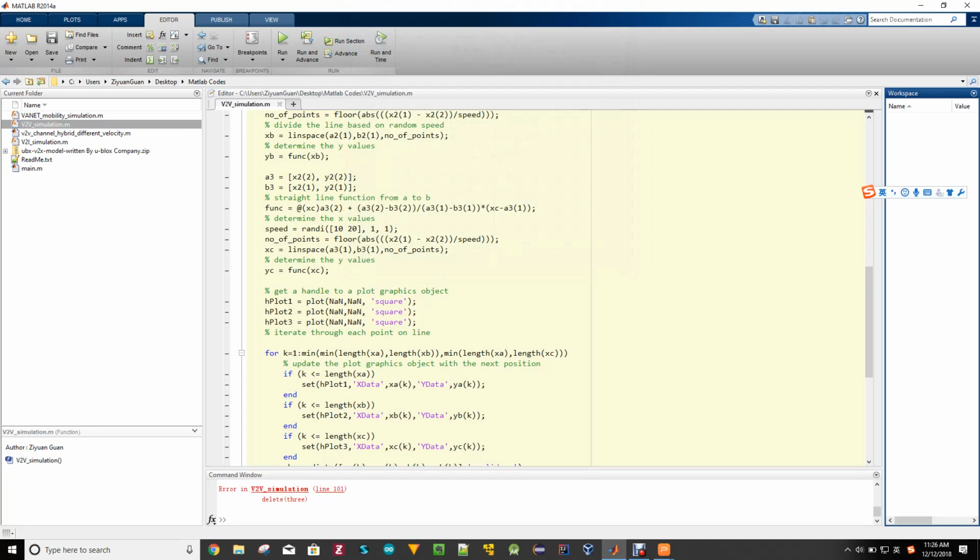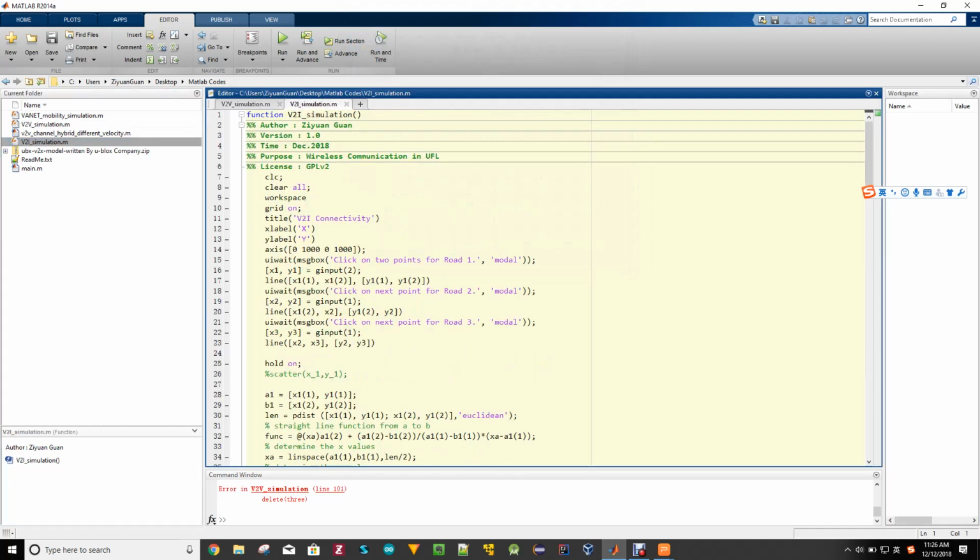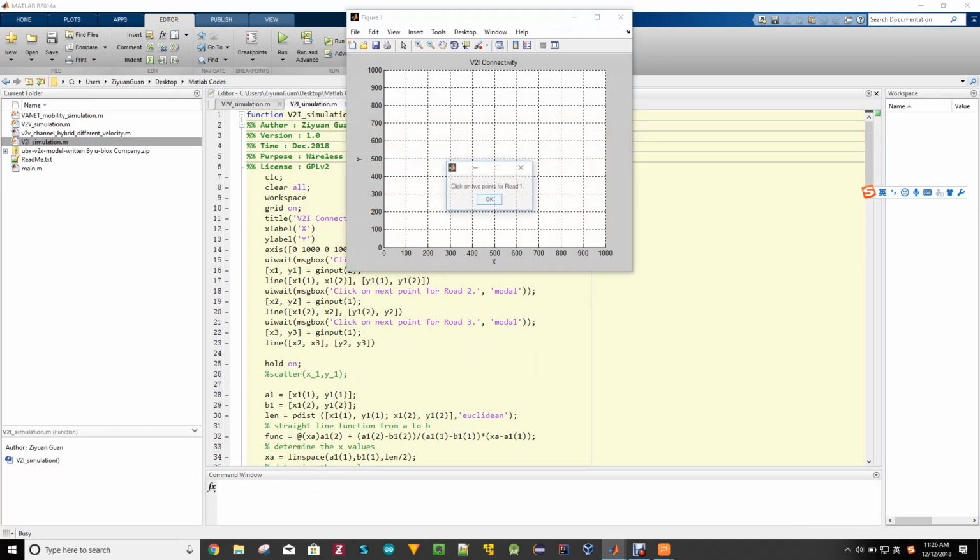And the next is the V2I simulation. First we got road 1, and then we got road 2 here, and then we got road 3. This is actually a crossing road, and we put the roadside unit right here.